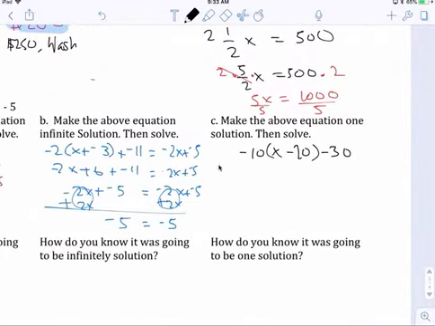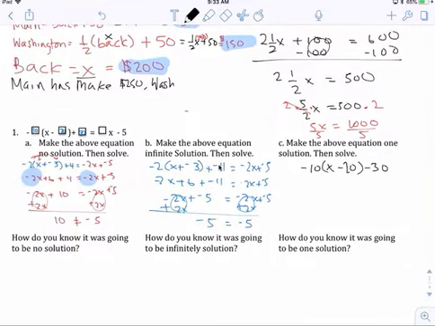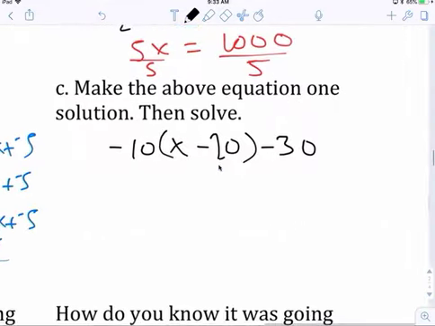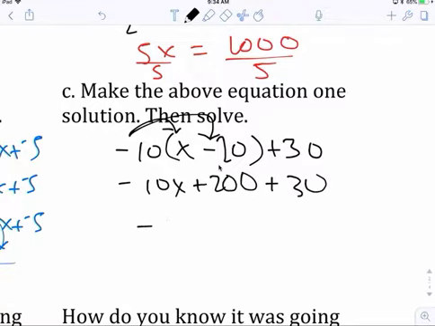Right? Plus. What's a plus right here? So plus 30. Distribute negative 10x. This is a negative 20, that's a positive 200 plus 30. So negative 10x plus 230.